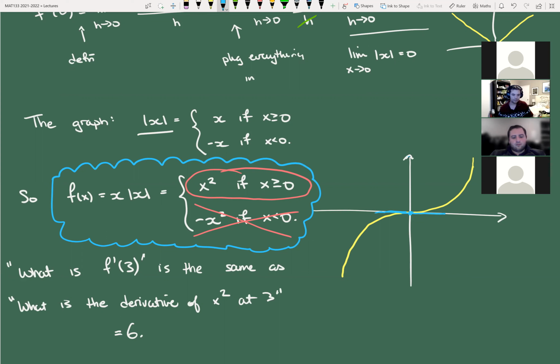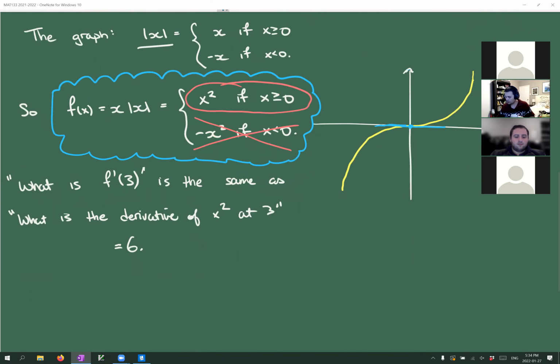So if you got something like that on a test, don't freak out. You know what the definition of the absolute value is. It's in the notes many times. Just use that to help figure out what the answer should be. Okay? All right. I don't hear any major objections.